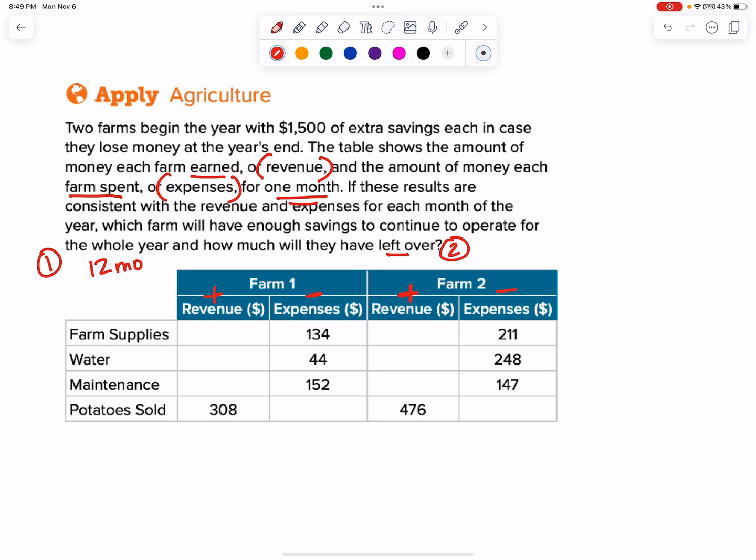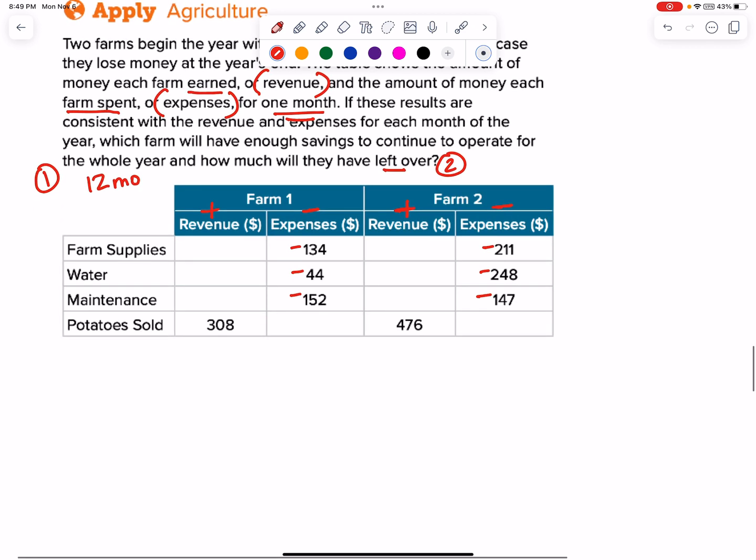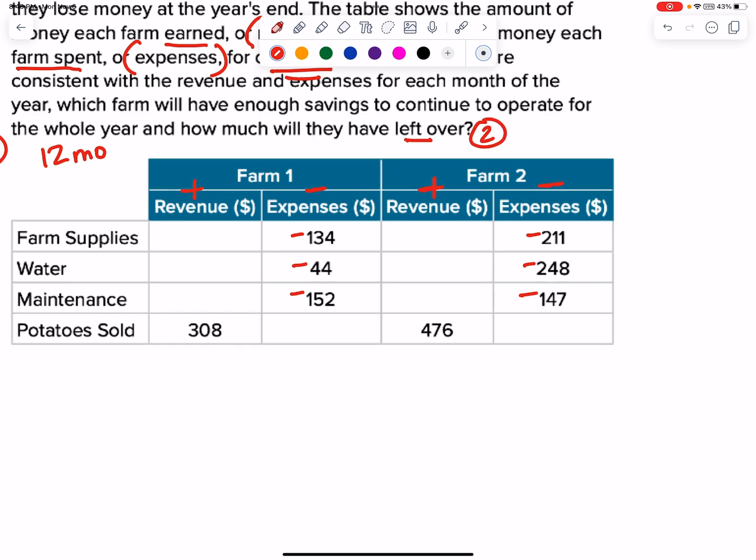So I'm just going to make a note in my table. I'm also going to go ahead and label my numbers appropriately. So now I have all the negatives, the revenue are positive. I'll leave it invisible positive math. All right, so basically we have all these things to calculate up. So let's get our total of expenses and revenue and sort of see where we're at with things. Okay, so we're going to add up all this stuff.